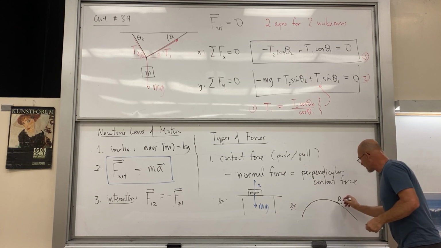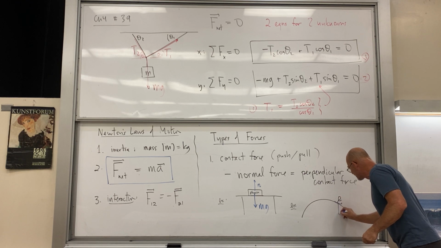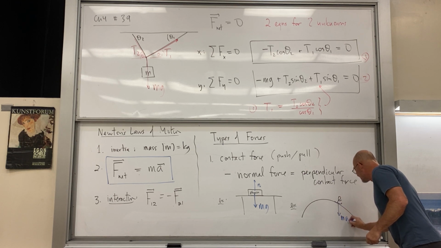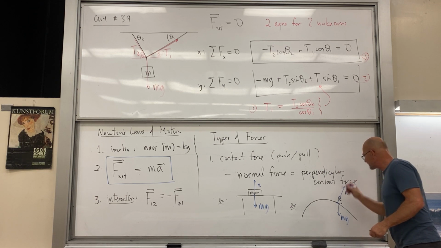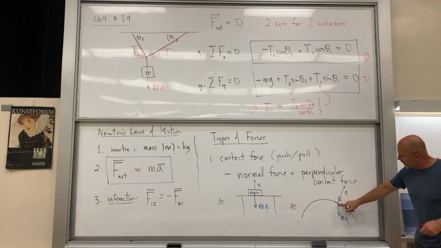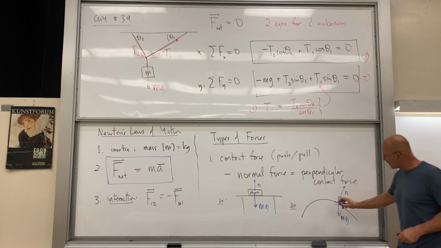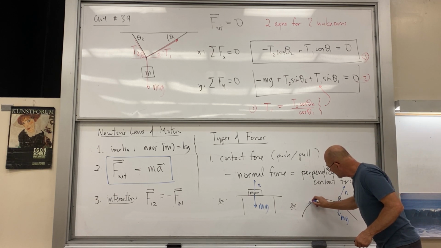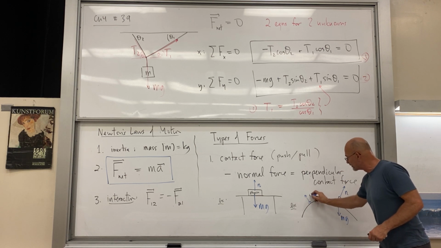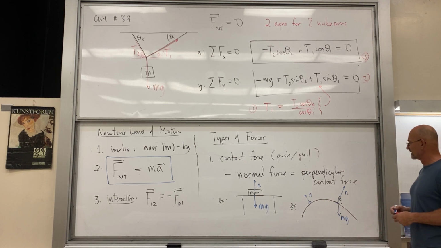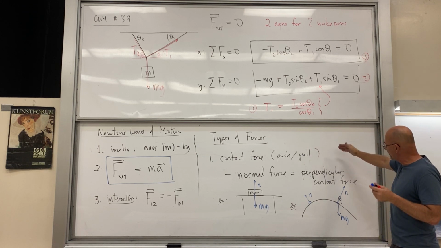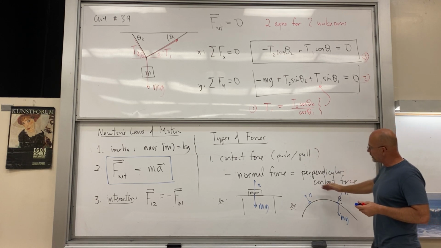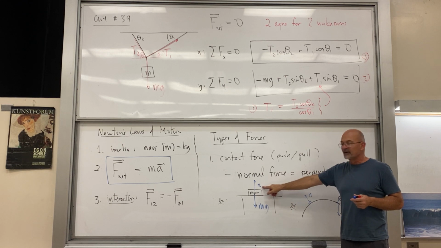The skier has mass, but the hill exerts a force, the snow, on the skis, and you'll notice it's perpendicular. So over here, we would have a normal force pointing in that direction. So those are your contact forces. A perpendicular contact force we call a normal force, give it the letter N.